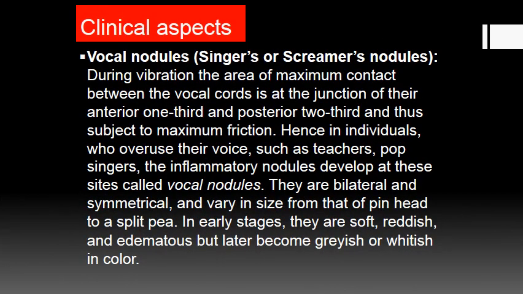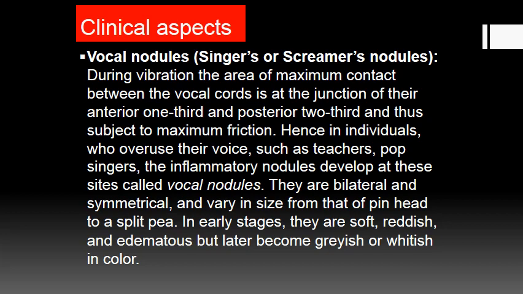The clinical aspect of it is vocal nodules, or singer's nodules, or screamer's nodules. It's also called teacher's nodules. During the vibration, the area of maximum contact between the vocal cords is at the junction of their anterior one-third and posterior two-thirds, and thus subject to the maximum friction.